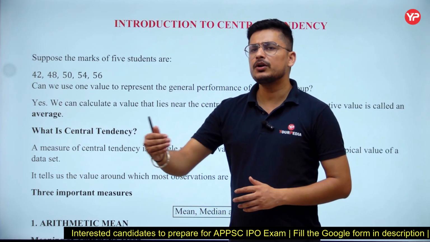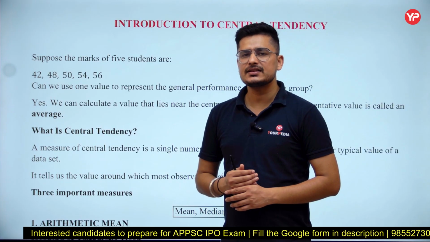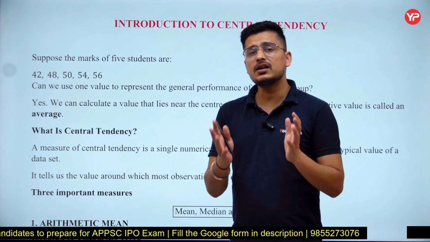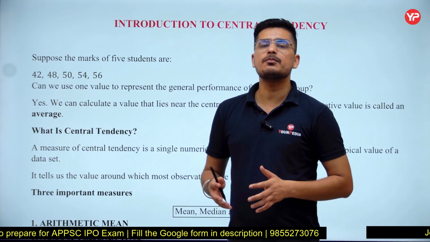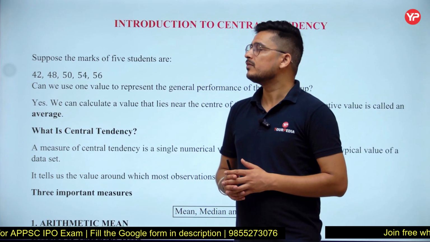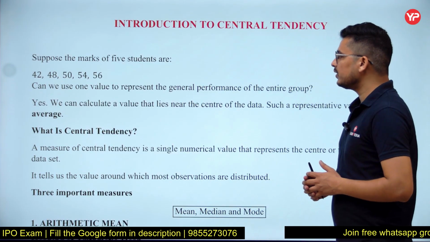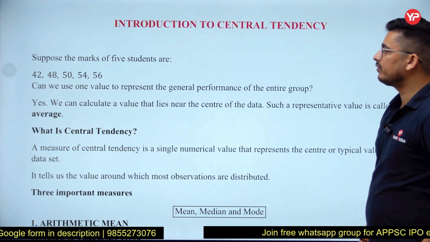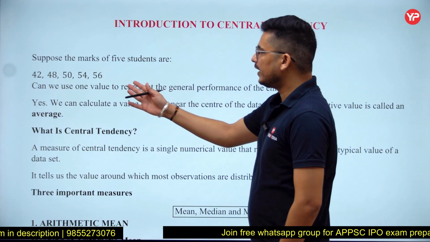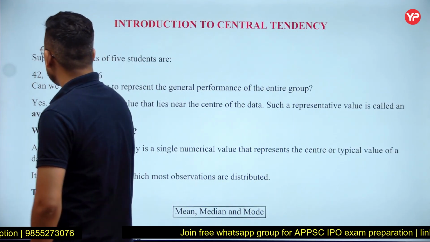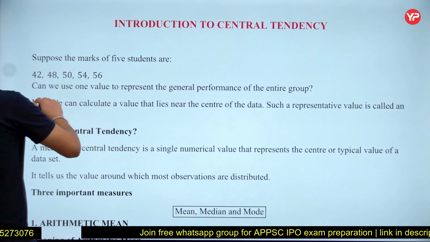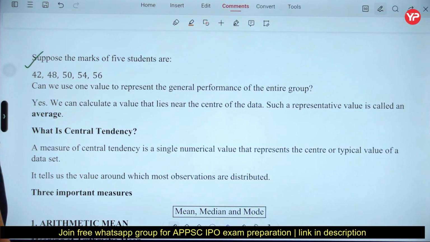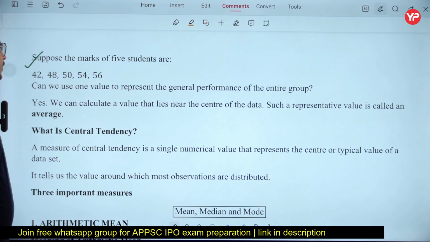Now we are going towards central tendency. Central tendency means we are going to find a single value which will represent some properties of that data. The first thing we are going to study is called average or mean. Let us say you have the marks of 5 students: 42, 48, 50, 54 and 56.